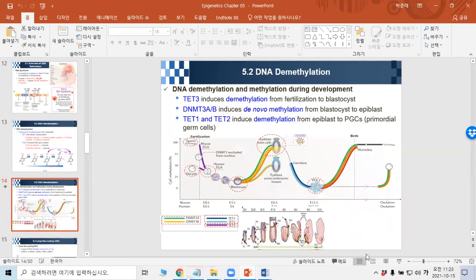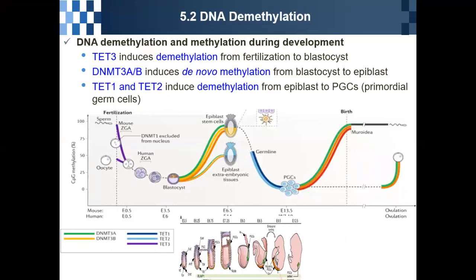And also this is the DNA demethylation and methylation during development. From fertilization to blastocyst, and also another step is from the blastocyst to the epiblast, especially the epiblast stem cell.